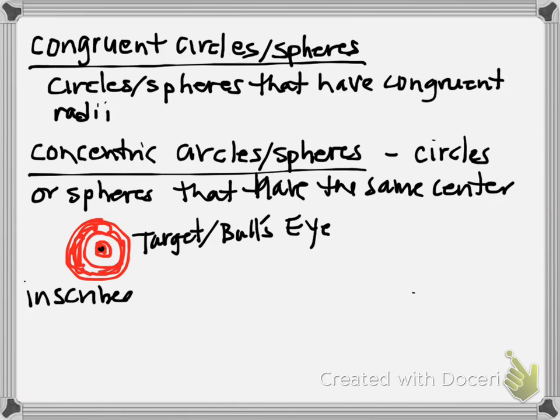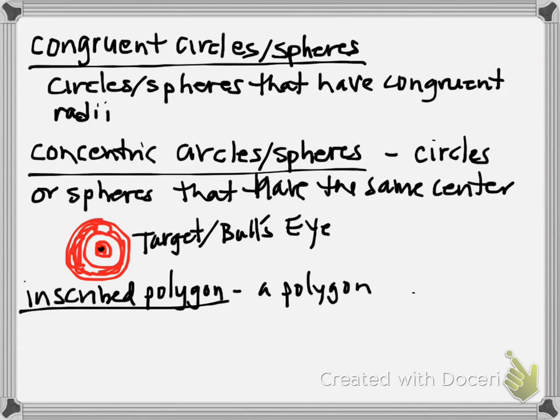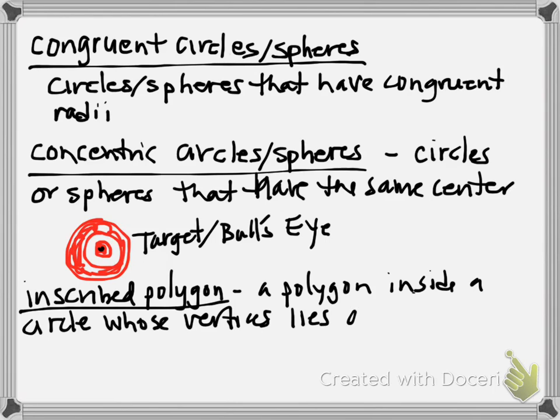Now, the next two vocab words I think we've talked about before. Inscribed polygon. Inscribed means to write inside. Polygon is a shape. So the definition means a polygon inside a circle whose vertices lie on the circle.